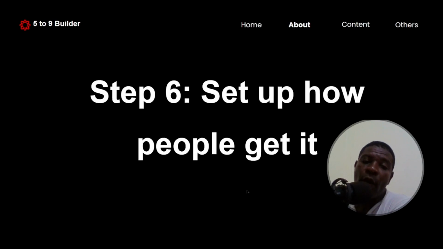Okay, all right. The next one is to set up how people get it. There is a system that you need to create, because it's supposed to be automatic. You collect the person's email address, and then the system will allow the person to download the magnet or the product, or copy the product, or send the person to where they will get access to that particular product.